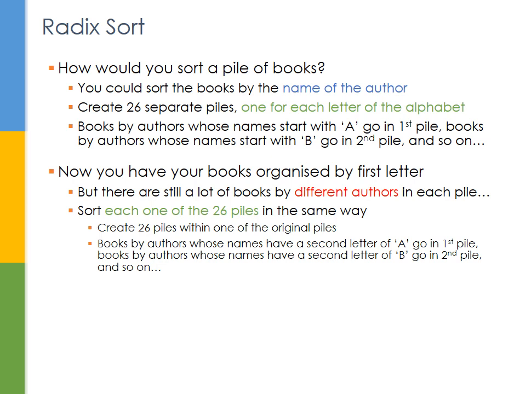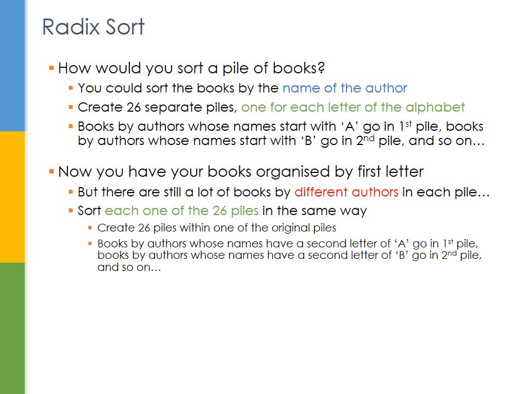We would create a further set of 26 subpiles, one for each letter of the alphabet, and we would do this for every one of our original piles. In other words, the pile for A would contain 26 piles, the pile for B would contain 26 piles, and so on all the way to the pile for authors whose names start with Z.